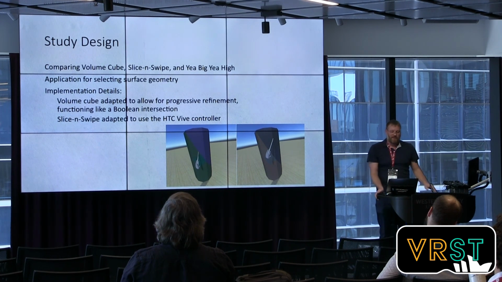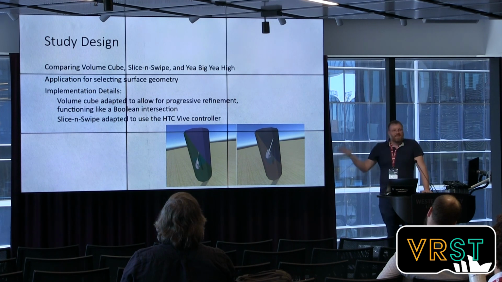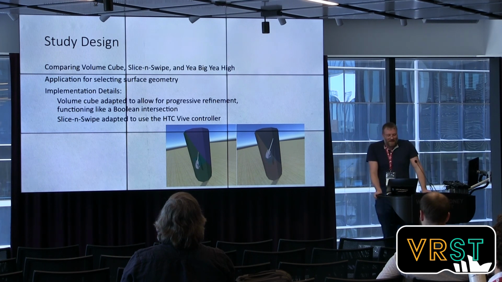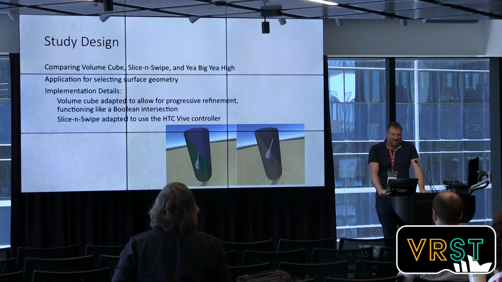And we essentially take the Boolean intersection of those selections so that you can start to define more complex regions of interest. And then for slice and swipe, again, it was originally designed with the Leap Motion, but we adapted it to use an HTC Vive controller. You can see in the pictures here, we essentially display a 1 meter long knife, if you will, that the user can use to slice through the geometry.